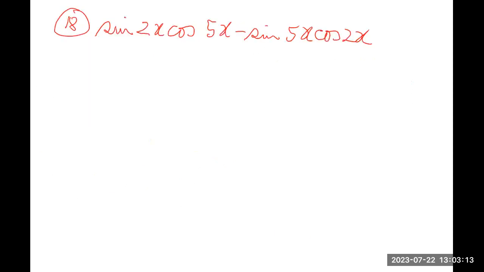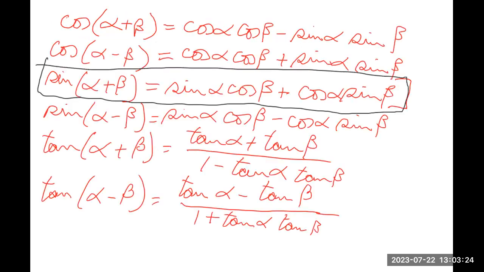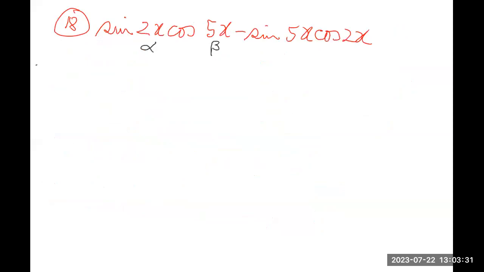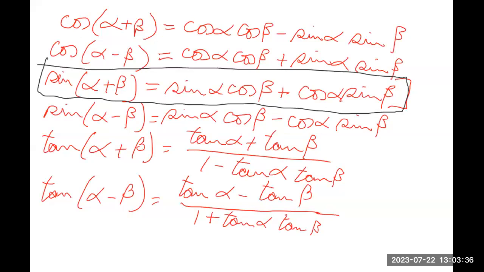So if you think of 2x as alpha and 5x as beta, then it's basically the right side of that identity. And the left side, I think I misspoke. There's a minus sign in between, so it's not that, but the one below it. It's a difference identity. So the left side is sine alpha minus beta.